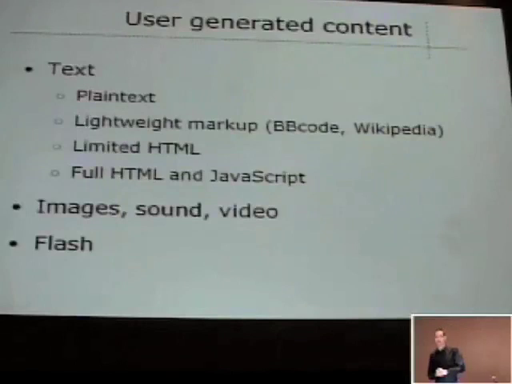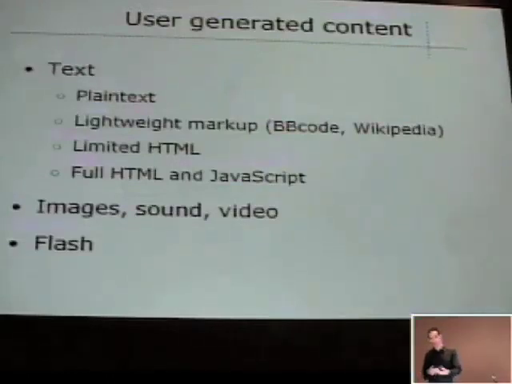So let's look at user-generated content. This can take a lot of forms. It can be text. You have plain text, which is a lot of forms that you fill out on the internet. Forums. You have some kind of lightweight markup, which some services use. This can be something like BB code, which is a markup language used in some forums.